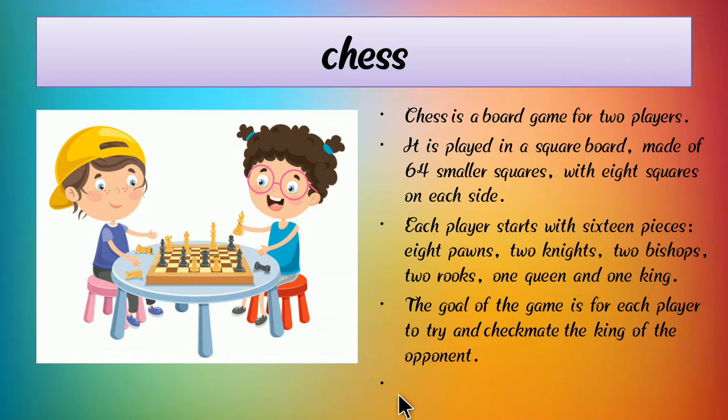Each player starts with 16 pieces: 8 pawns, 2 knights, 2 bishops, 2 rooks, the queen and the king. The goal of the game is for each player to try to checkmate the king of the opponent.